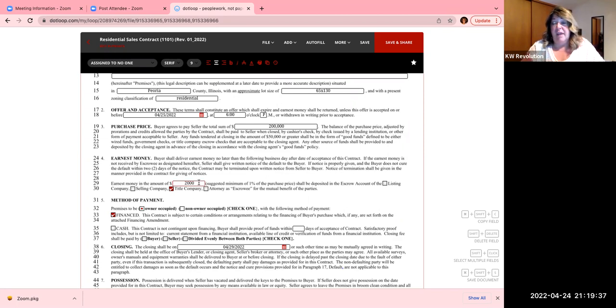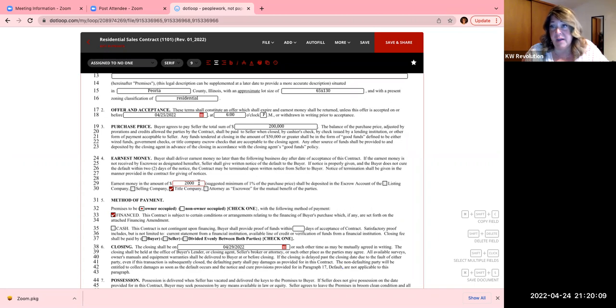risking that, as earnest money can only be returned to either the buyer or the seller if both parties agree. So even if, say, I, as a managing broker, 100% agree that the buyer should get their earnest money back, and it seems pretty obvious to me in the contract, the way that they got out of the contract was contractual, in my opinion, I do not have the right to make that decision and just award it to the buyer.